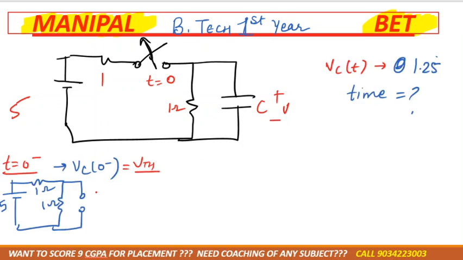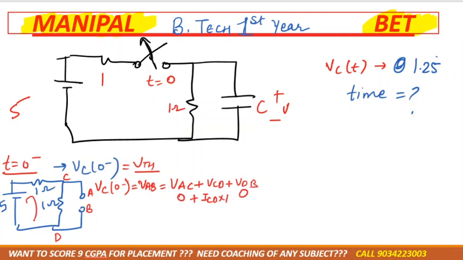At t equal to 0 minus, the circuit is VC of 0 minus, mark it A. VC of 0 minus is equal to VAB, again A to C. This is 0, this is I1 into 1.